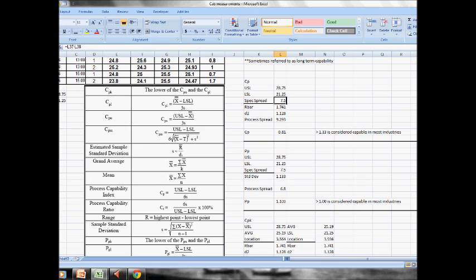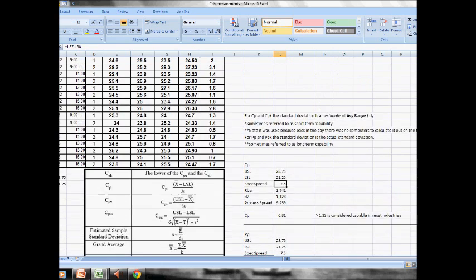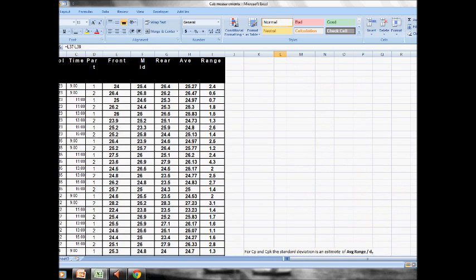Now, the way that you get standard deviation with CP and CPK is using something called R bar divided by D2. And what it does is it looks at the average range. So for example here, you have an average range within your measurements, and that's what R is.